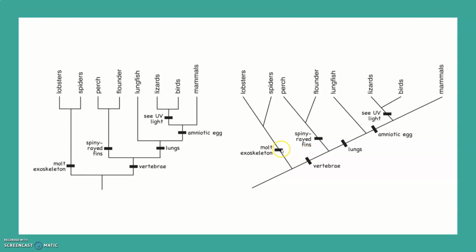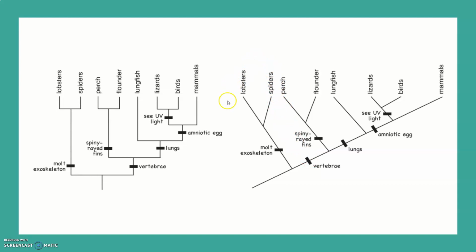This is the trait that's added, and then you can often see further branching down. I don't see here what I need, but you can see that as we progress, they become vertebrates.